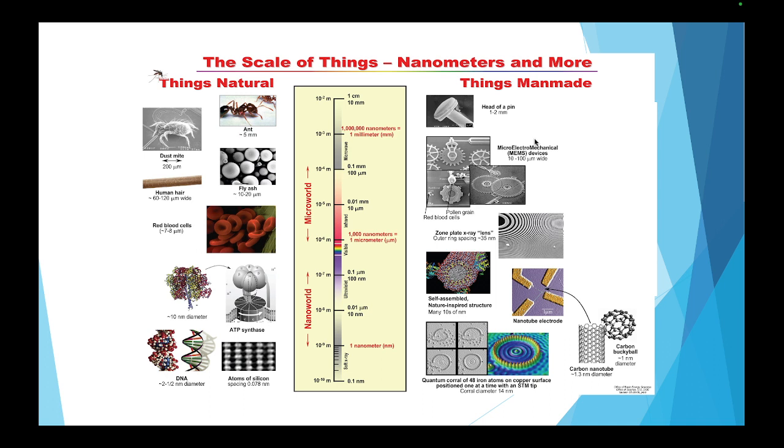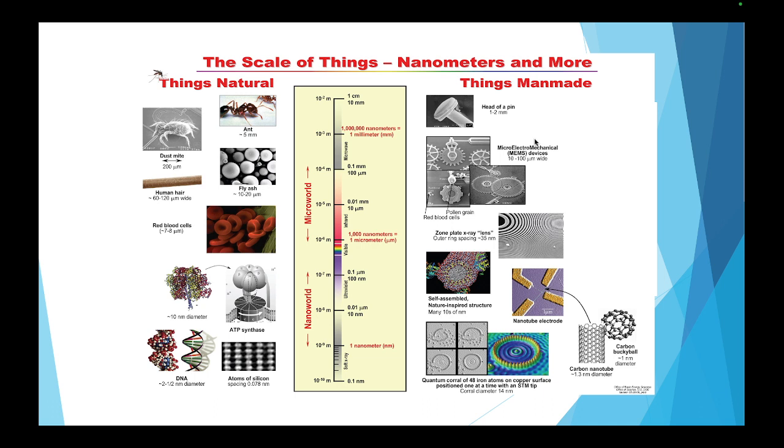The ant has a size of 5 millimeters, and a dust mite is 200 micrometers. Human hair has a diameter of 60 to 120 micrometers, and so on. And lastly, we can see that DNA has a 2 to 10 nanometer diameter.